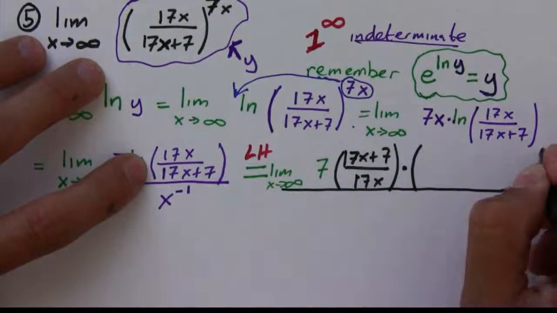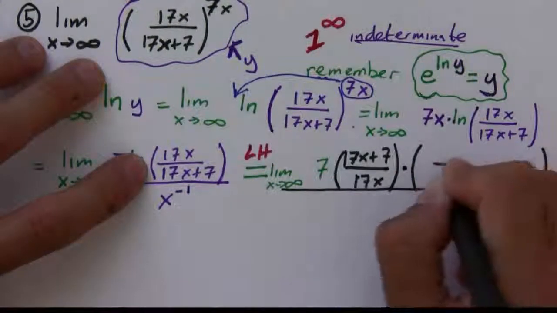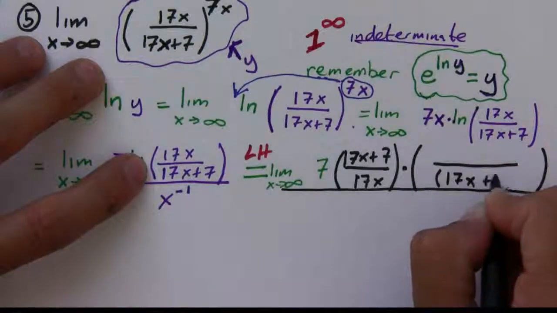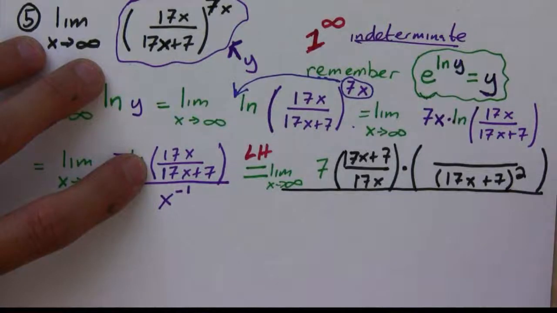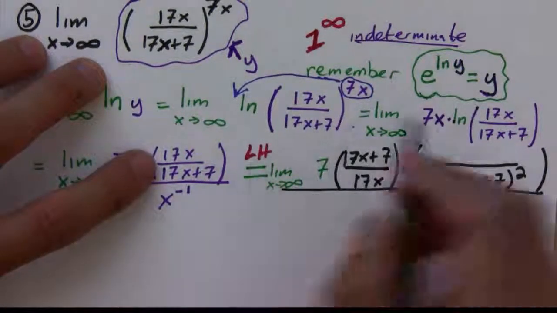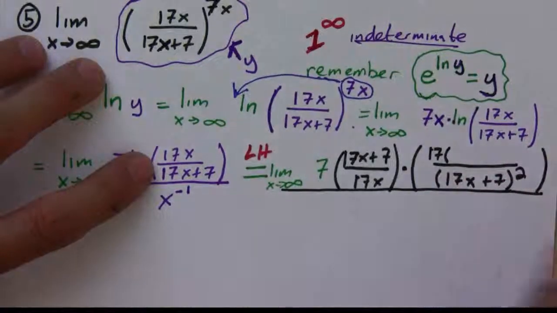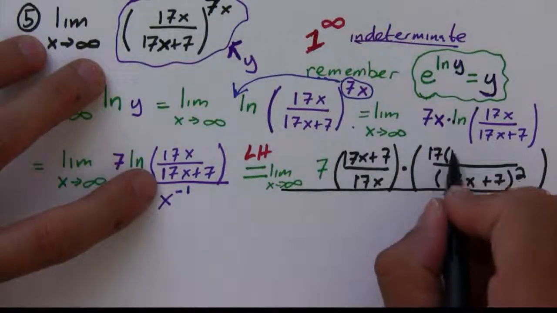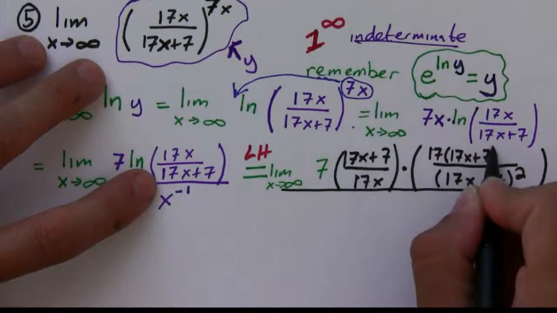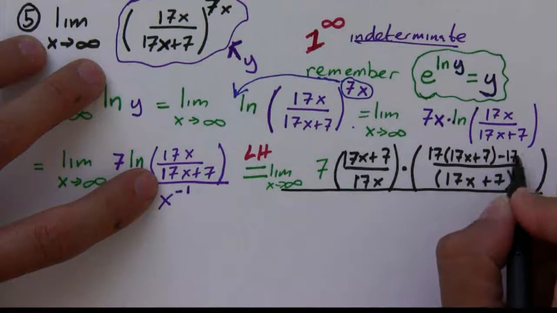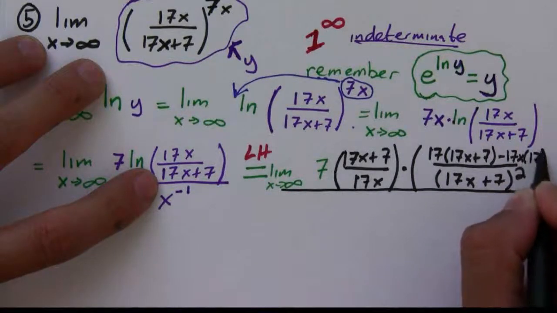And here I have to use the quotient rule. So what I have is, on the denominator, 17x plus 7 all squared. And then on top I'm going to have 17 times 17x plus 7 minus 17x times 17.